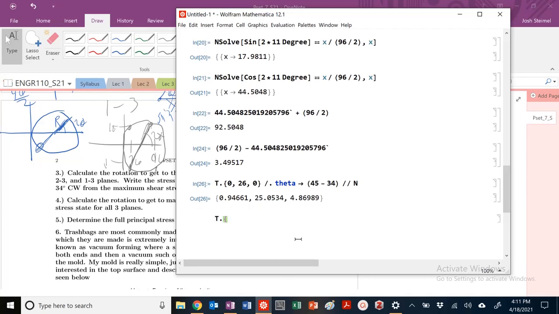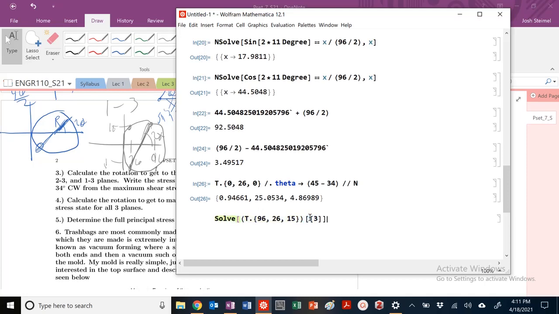So I know that, for example, this point is going to be 96. If I look at it, I've got a 26 and I've got 15. That's my sigma 1,1, my sigma 3,3, and my sigma 1,3. And I want to solve at what angle to get to my principal stress state.